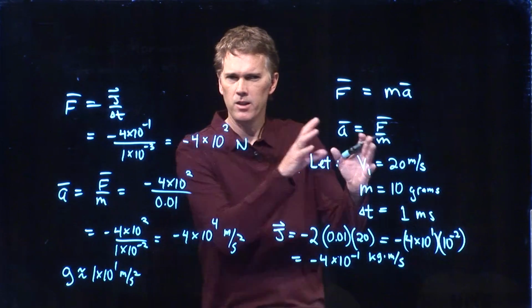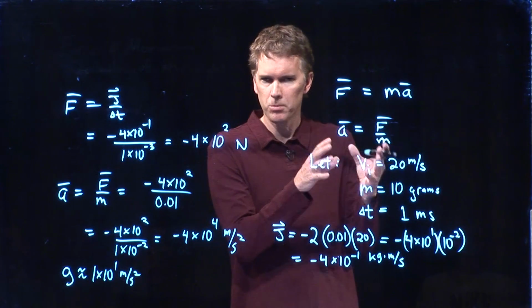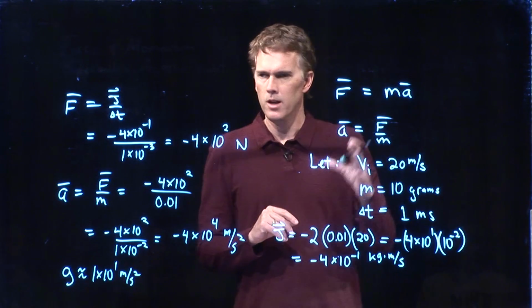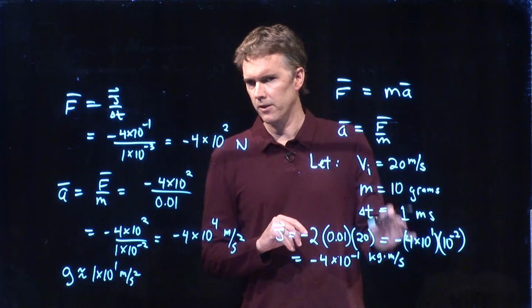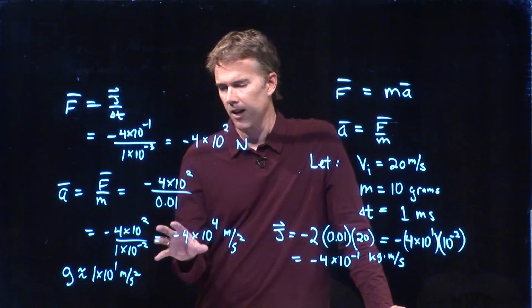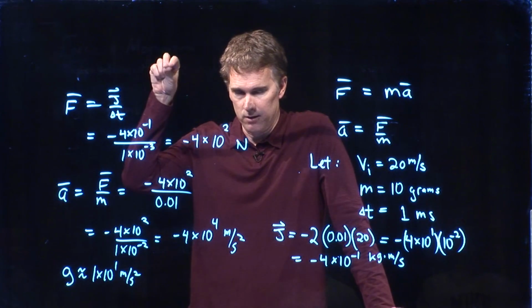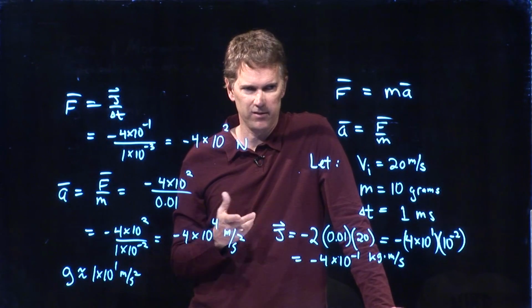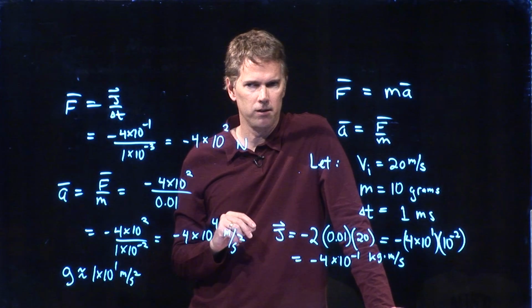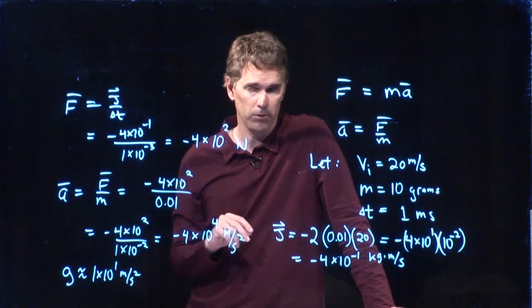And these are fairly realistic numbers here. If you take a superball and throw it pretty hard against the wall, these numbers are pretty close to realistic. And that thing is now accelerating at 4,000 times gravity if you just dropped it, which is kind of weird to think about. Okay? But this is really what happens.